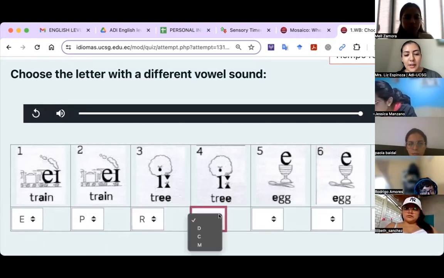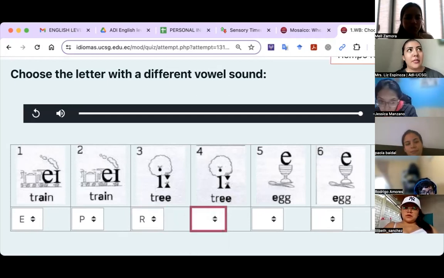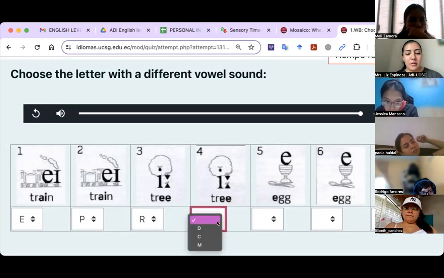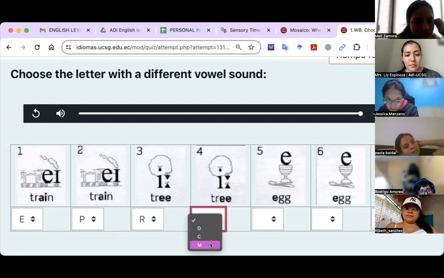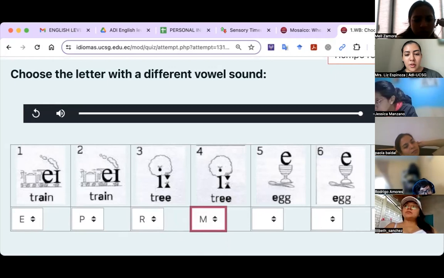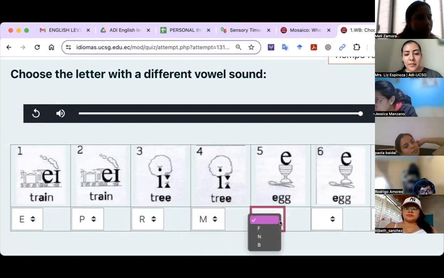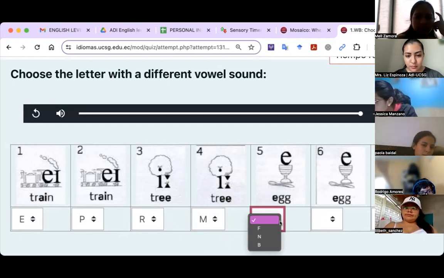Then for tree, we have the letters D, C, and M. Okay, you say M. Then number 5, we have X, F, N, B. B.